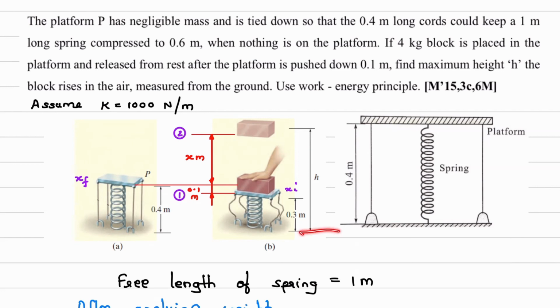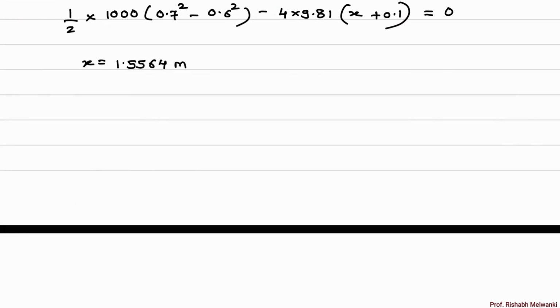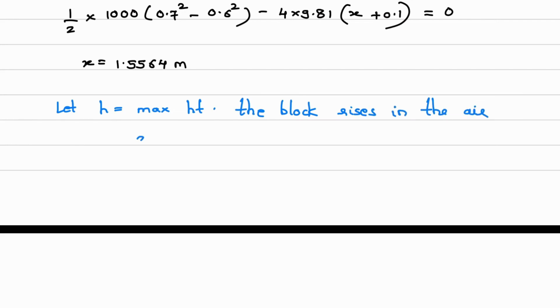So what is the total height? It will be this distance x plus 0.1 plus 0.3, or you can say x plus 0.4. So I'll calculate that value now. Let h is equal to maximum height the block rises in the air above ground.